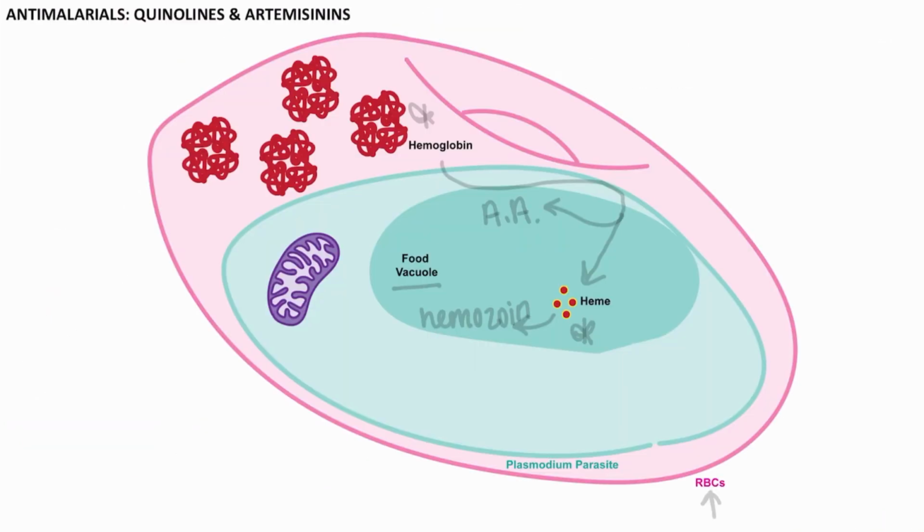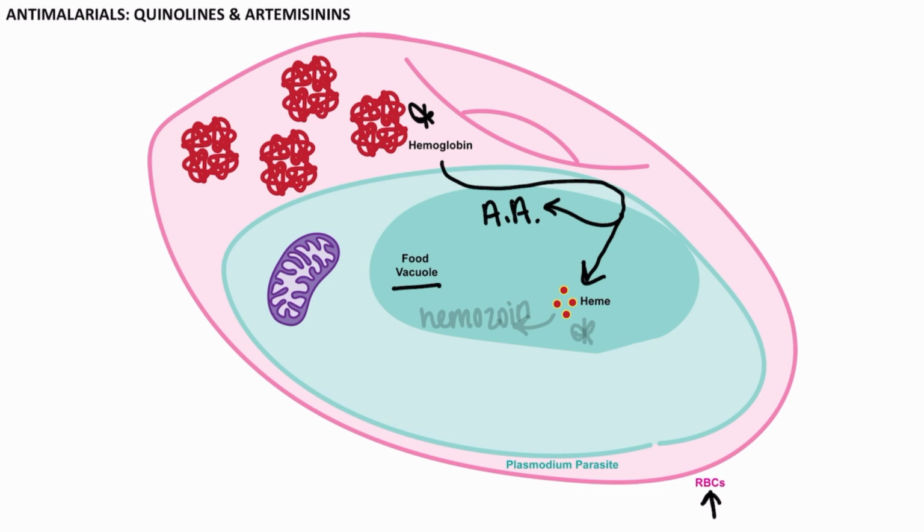But before we dive into our first class of agents, we need to talk about hemoglobin and the parasite that is in the erythrocytic stage. In this stage, in order to replicate, the merozoites mature into a form that is able to metabolize hemoglobin in the red blood cells. Hemoglobin is transported into the parasite's food vacuole, where it is digested to produce amino acids that can be used in protein synthesis during this asexual replication process.